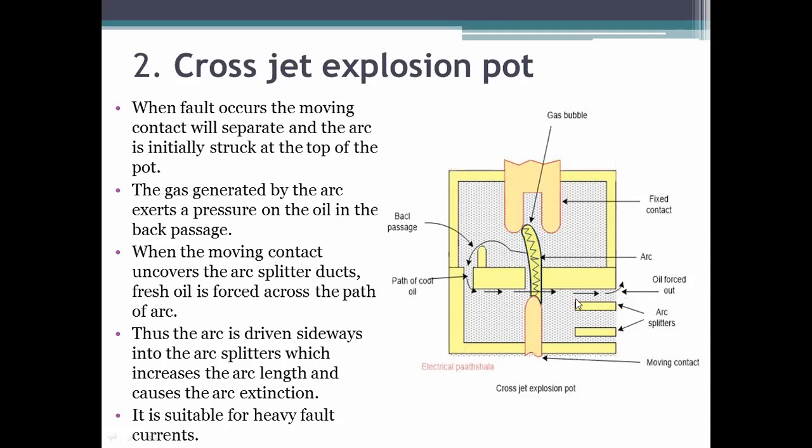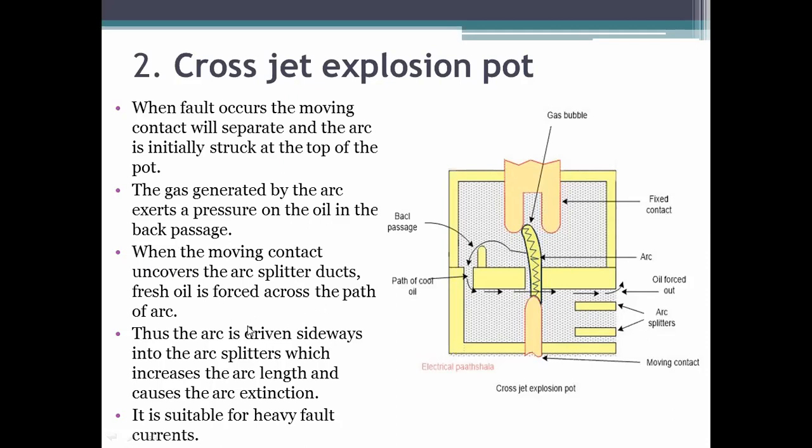When we separate the contacts, the arc will be developed in this back passage, and it will heat the oil, and pressure will be developed by those gases on this oil. This is happening in this passage only.